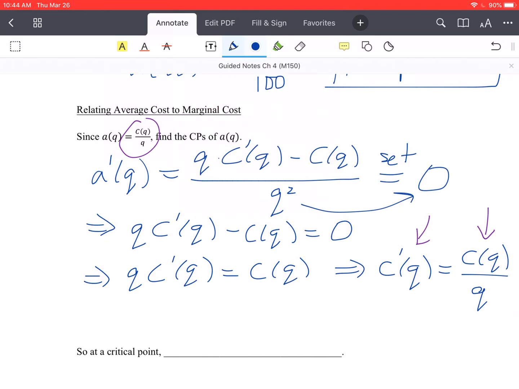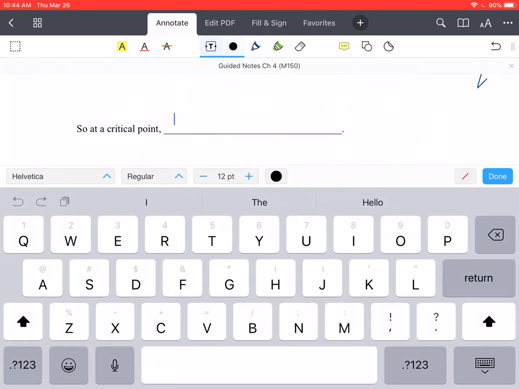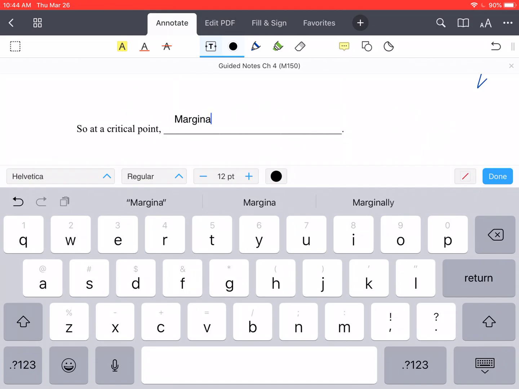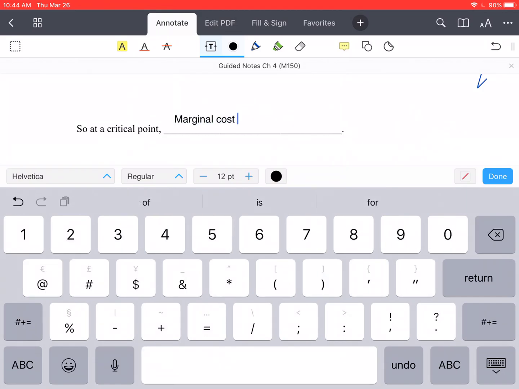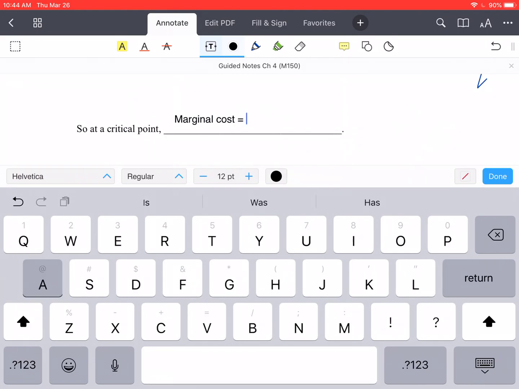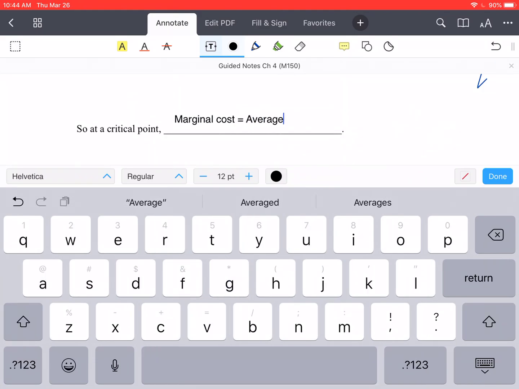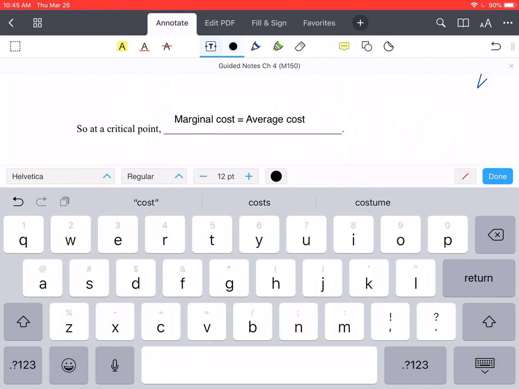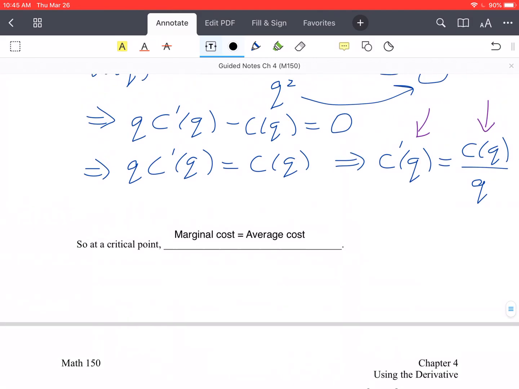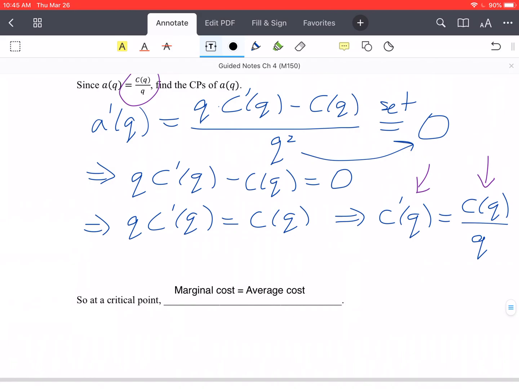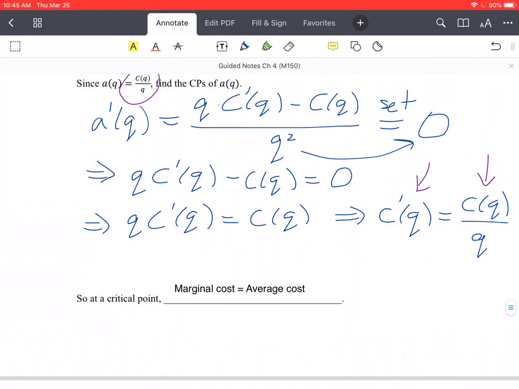So at a critical point, we can say that marginal cost equals average cost. So an interesting relationship we have. Now we can look at the relationship between the average cost and the marginal cost.